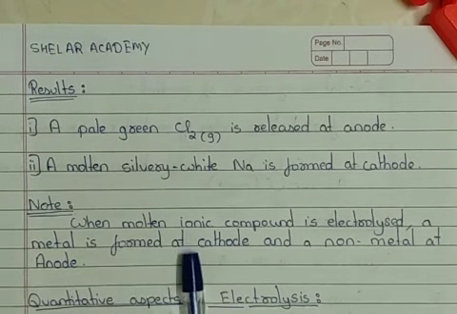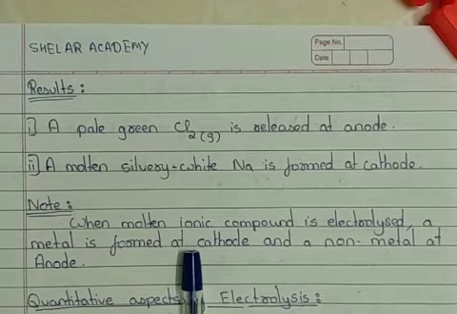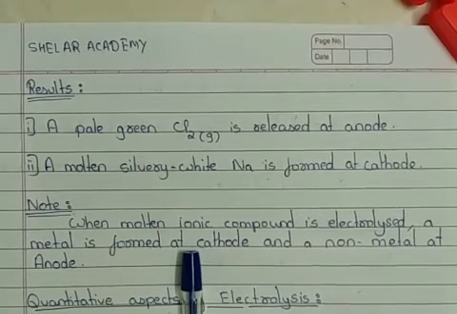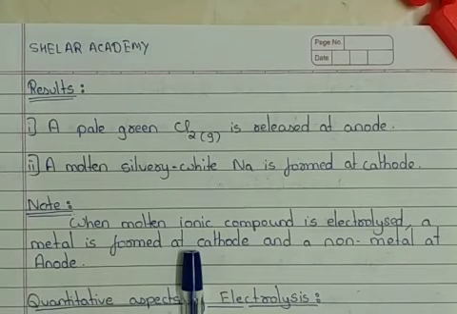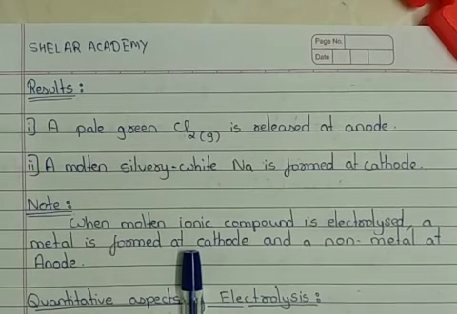Irrespective of which electrolyte they give, in place of NaCl, if they give you calcium chloride, calcium is a metal and chlorine is a non-metal. So calcium metal will deposit at the cathode because it is a metal, and chlorine gas will deposit at the anode because it is a non-metal.